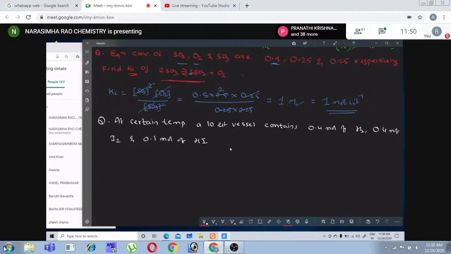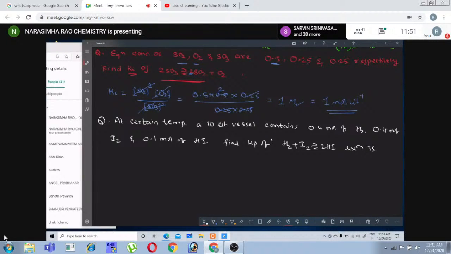Okay, find Kp of the reaction H2 plus I2 in equilibrium with 2HI. 0.0625.